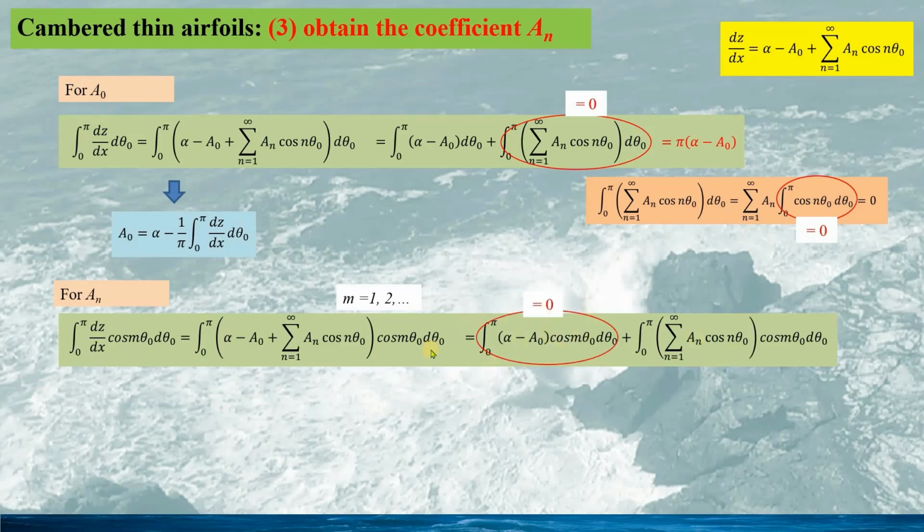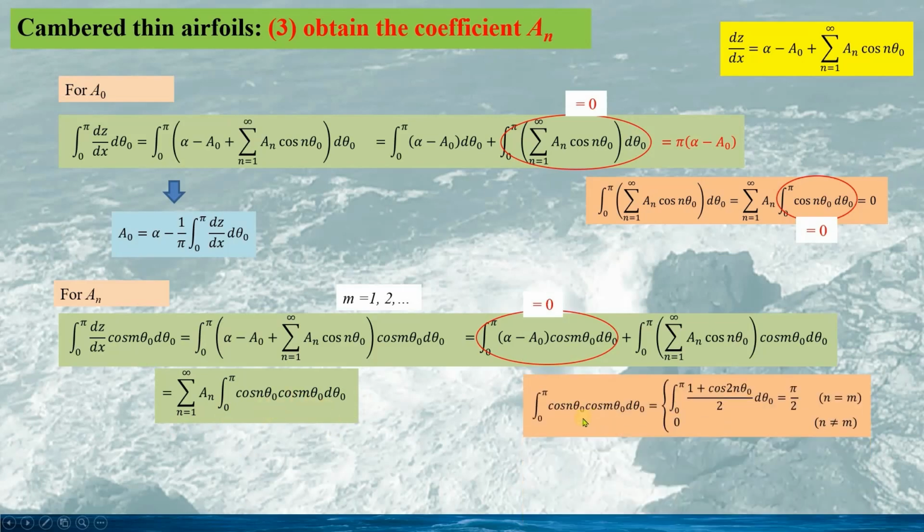Obviously, this term would be 0. And for the last term, we can change the order of the integration and the summation. We have the expression as this. Here, we can see for the integration, only when n equals m, the integration would be non-zero. And this expression shows when n equals m, it is pi divided by 2.